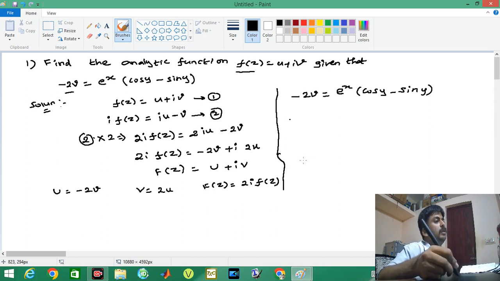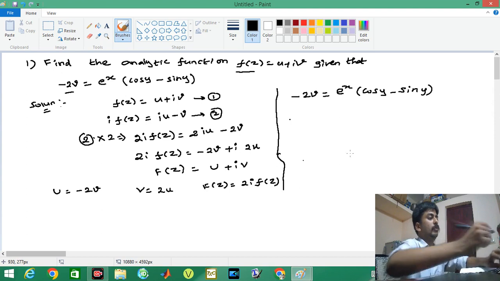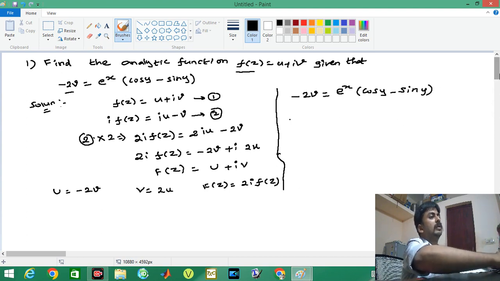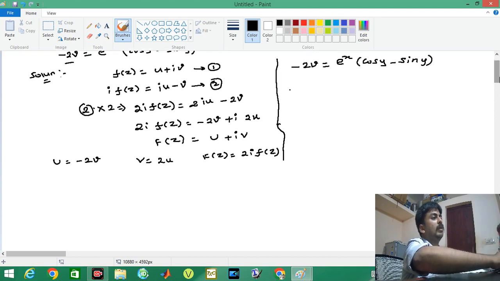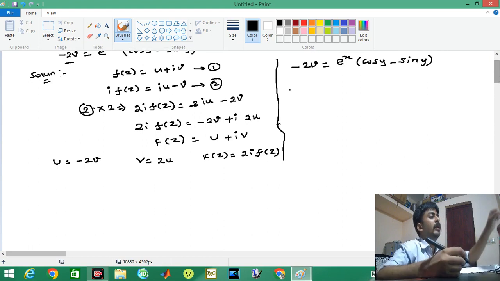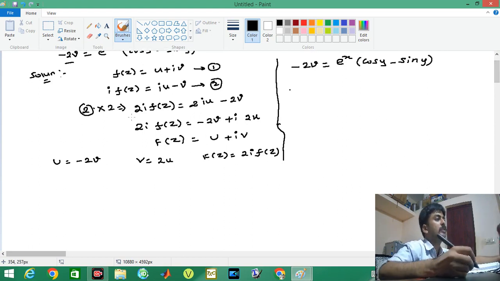Now what is given? Minus 2v is given, which means capital U is given.